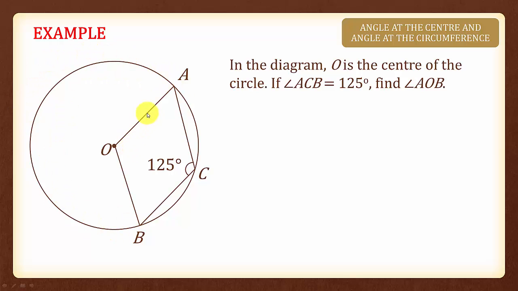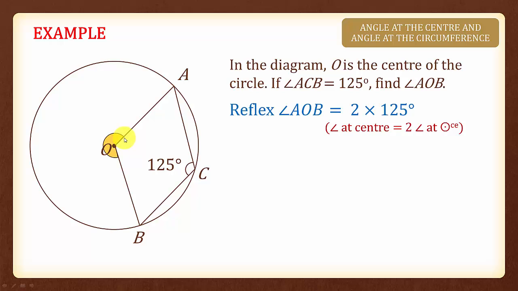In order to find angle AOB, we will first need to find the reflex angle AOB. Since the reflex angle AOB and angle ACB are subtended by the same arc, we can multiply 125 degrees by 2 because of the property angle at the center, which is the reflex angle AOB, equals twice the angle at the circumference, which is angle ACB.